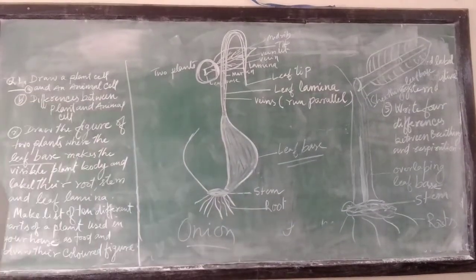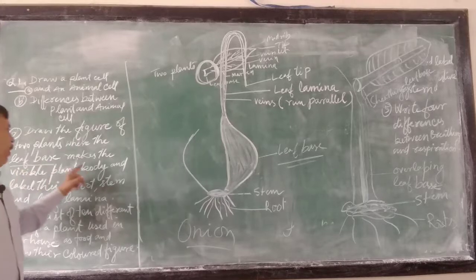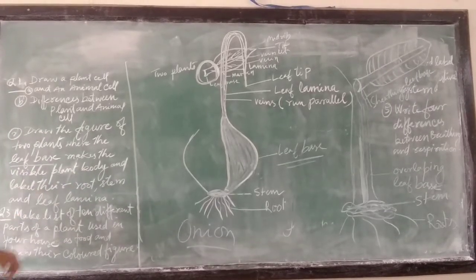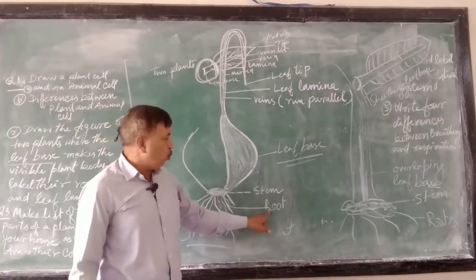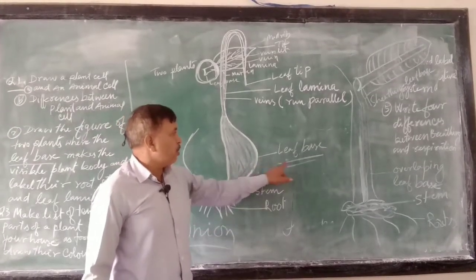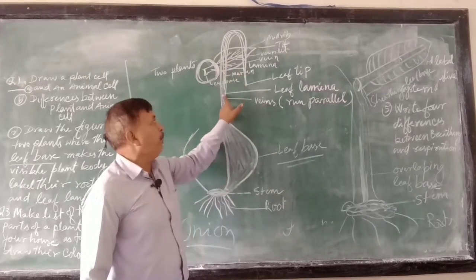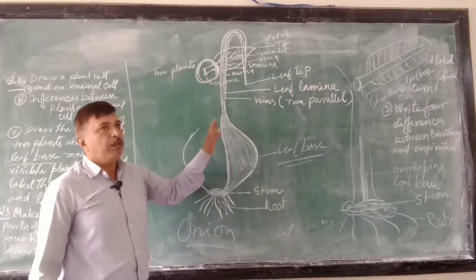So the second question is, draw the figure of two plants where the leaf base makes the visible plant body and label their parts. So this way, as I have written the name of these parts, roots, stem, this is leaf base, and this top one is leaf lamina with the veins and the leaf tip, clear.